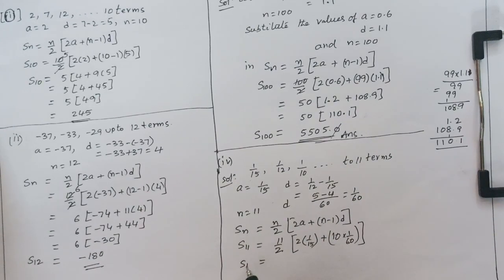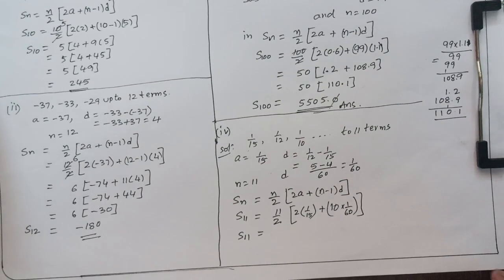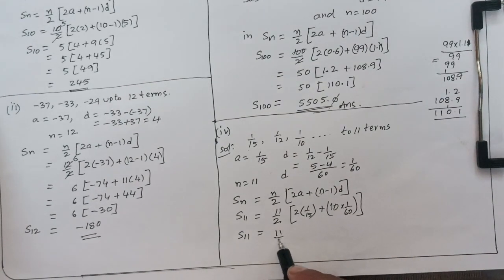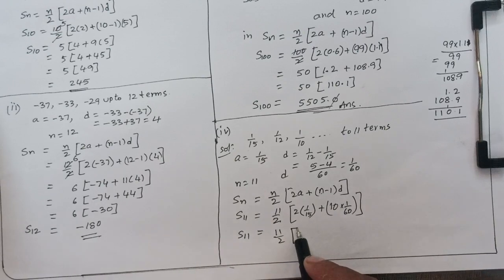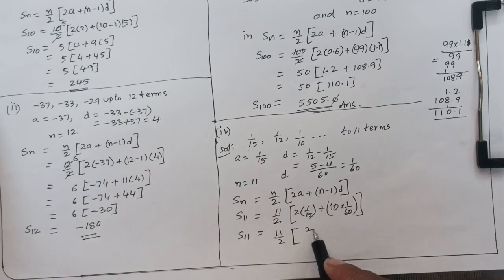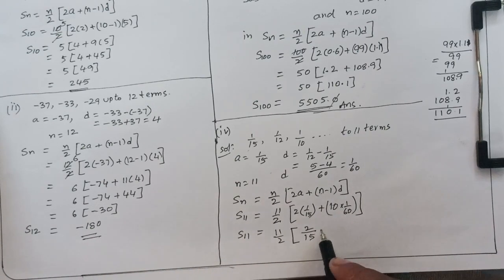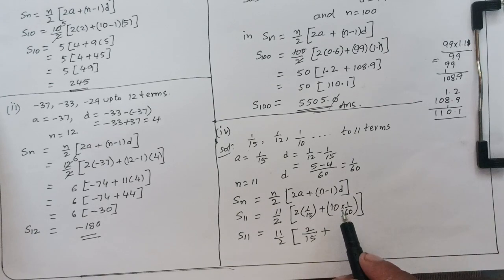Now S11 equals 11 by 2 into 2 by 15 plus 10 sixes are 60, so 1 by 6.